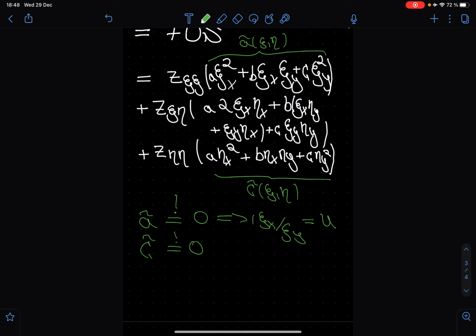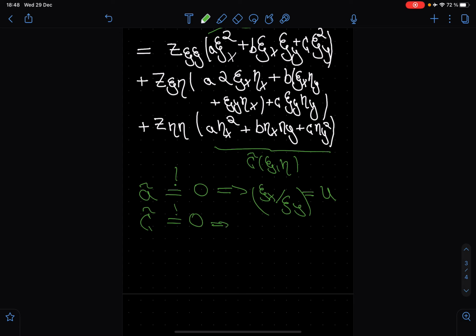It's easier to solve this equation. And the same for the other argument, eta x and eta y; you can name it v or something, but it's actually the same. These functions will be the same.